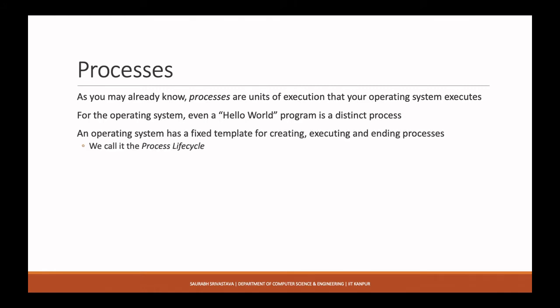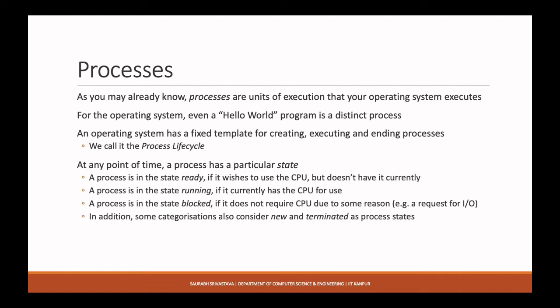And this whole process thing, the operating system actually has a fixed template for creating, executing, and ending processes, right? So you remember that we discussed the return value from main. That is a part of the ending of the process. And similarly, there is a whole cycle. We call it the process life cycle.